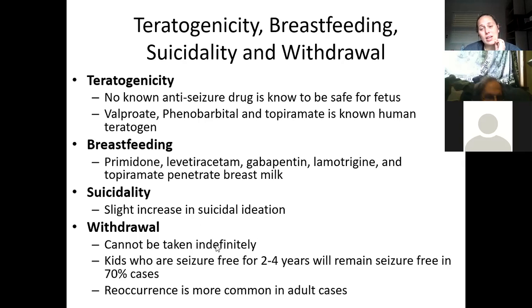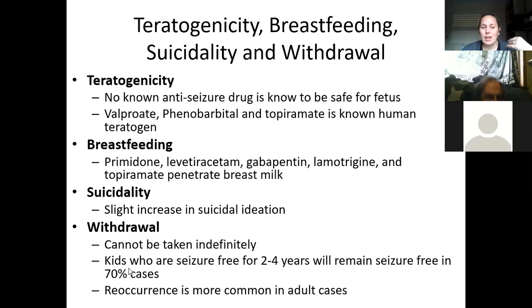What's interesting to recognize is that kids have a lot of plasticity going on in their brains. So for kids who are seizure free for a pretty extended period of time, once these seizure drugs are withdrawn, generally if they're seizure free for 2 to 4 years, they'll remain seizure free in 70% of those cases.